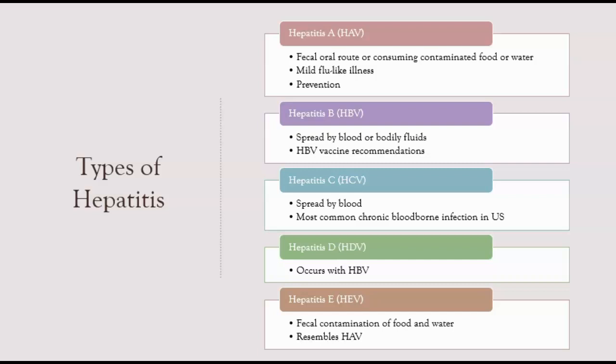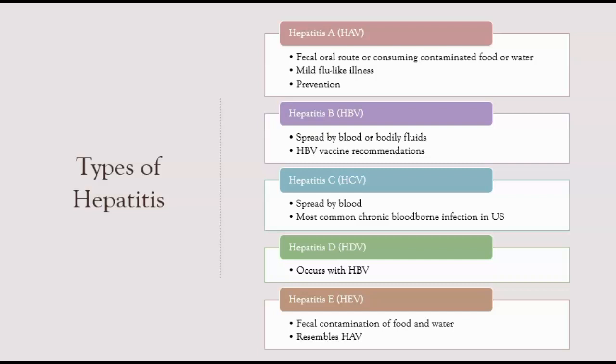Hepatitis B is caused by an antigen that circulates through the blood. It's spread by unprotected sexual intercourse with an infected partner, sharing needles, syringes, or other drug injection equipment, sharing razors or toothbrushes with an infected individual. Accidental needle sticks or injuries from sharps will primarily be shown in healthcare workers.